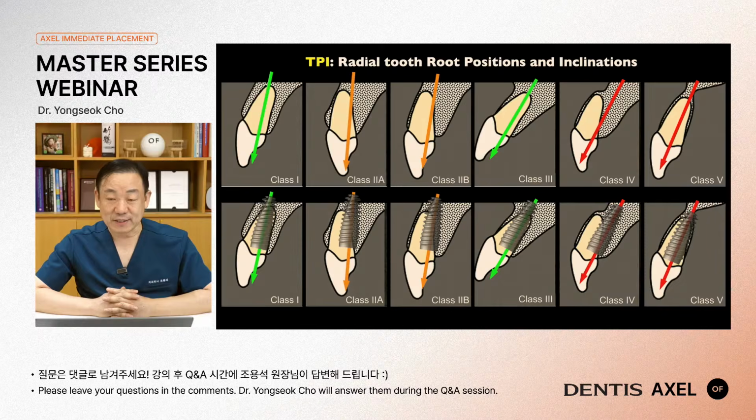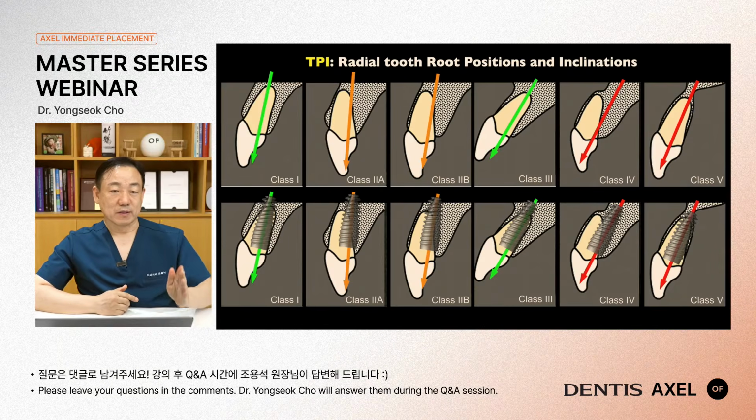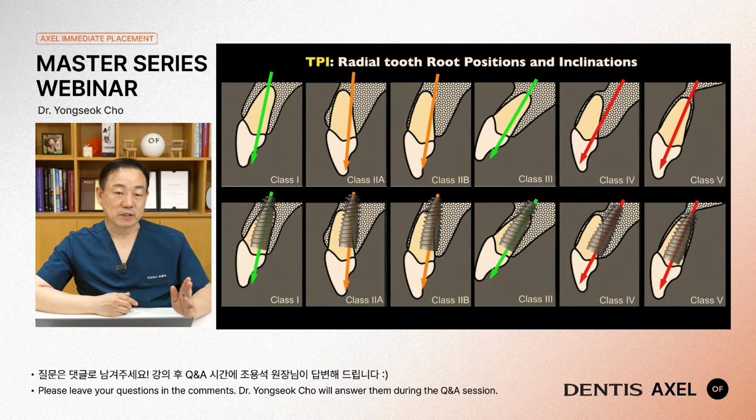In the other classes, however, achieving this ideal angulation is more difficult. When we try to make angulation toward the cingulum in class 2 or class 4, 5, you will experience labial plate perforation.